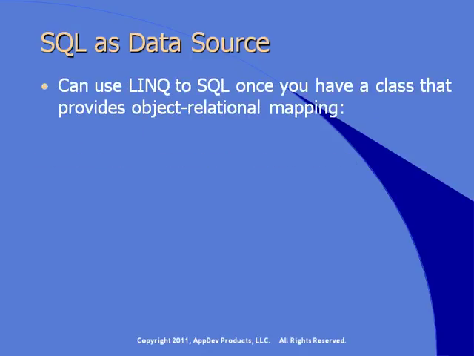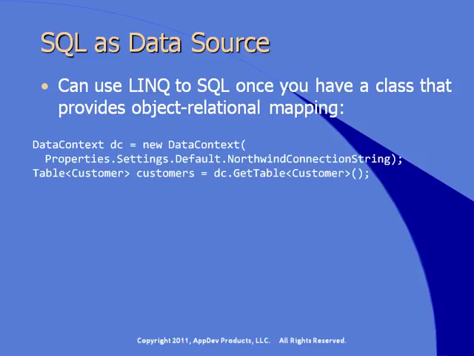You can also use LINQ to SQL once you have a class that provides the object relational mapping. In this code, for example, we have a class named customer, if you'll assume that, and the code starts out by creating a new data context object given a connection string, which I'll retrieve from my project's settings, and it's named Northwind connection string.